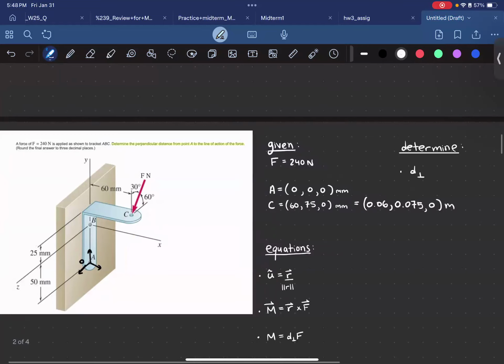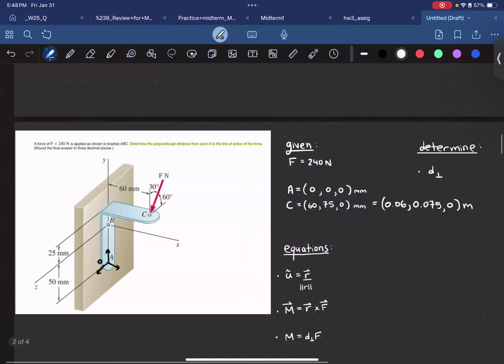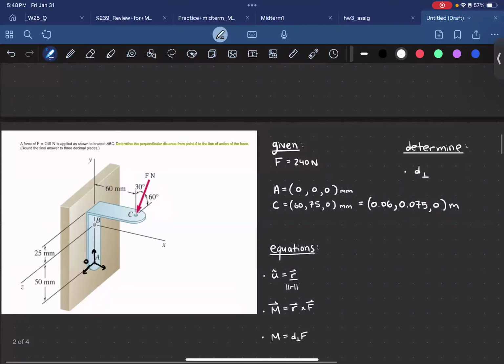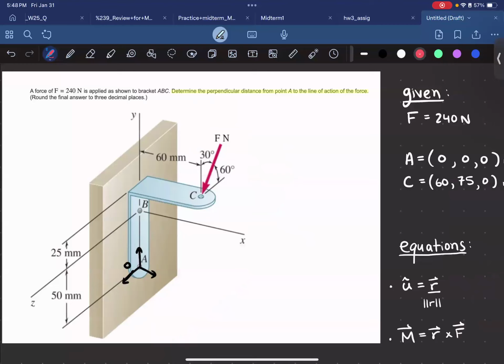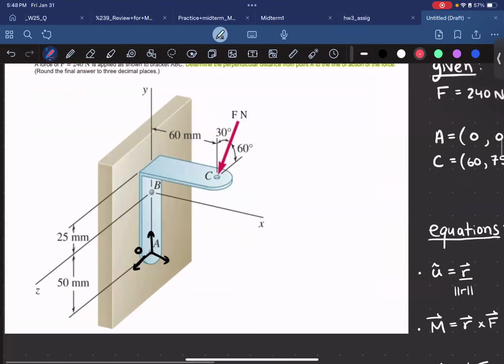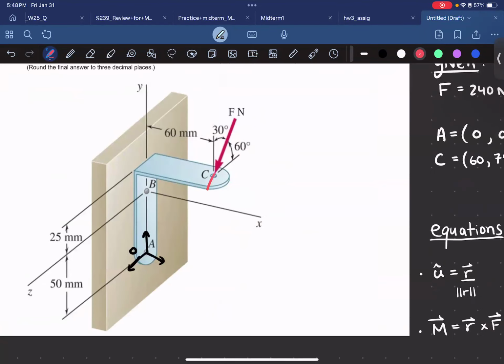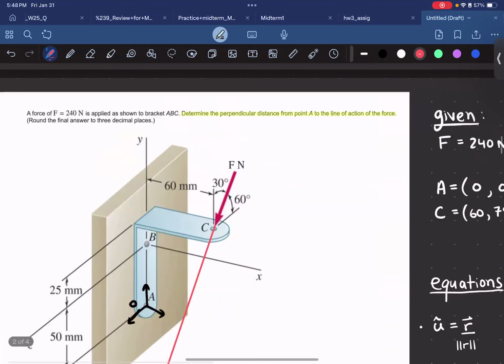And then notice in the problem that it's also saying the line of action. If you remember, the line of action of a force can be drawn out at any length parallel to that force. So the line of action looks something like that.